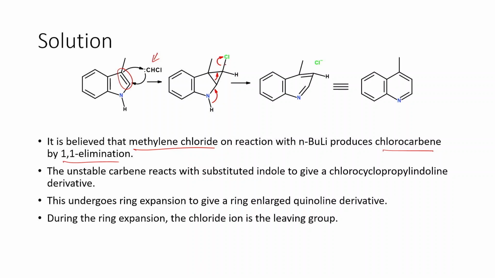So that leads to the formation of a cyclopropyl derivative, and in this particular case shift of hydrogen atoms and opening up of the ring liberates the chloride anion. So that leads to the ring expansion as shown here. So in the final product we do not have a chloride group present. So option C is the correct one for this particular reaction.